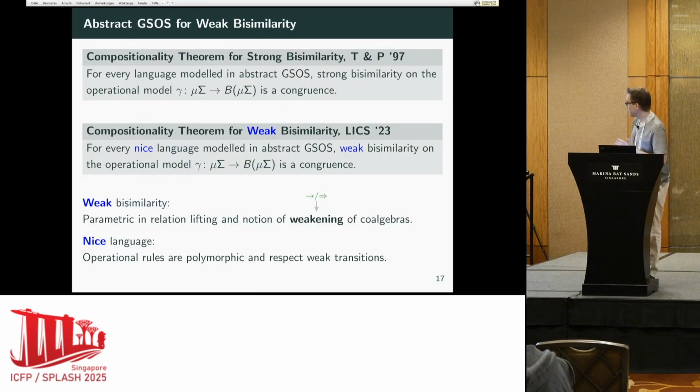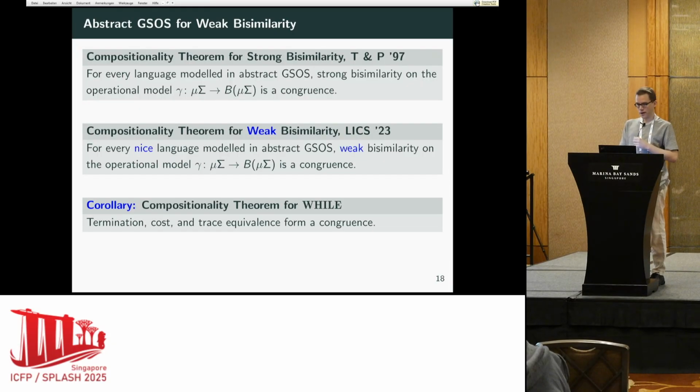And being nice means that the rules of the language are polymorphic and they respect weak transitions in a suitable way. You can make this formal using diagrams. So we have this result, and now we can just apply it.